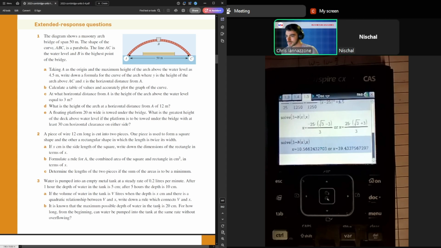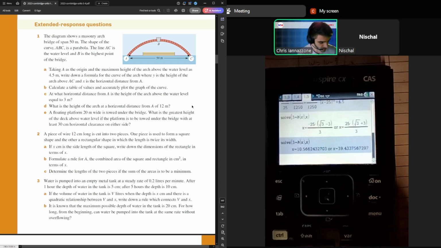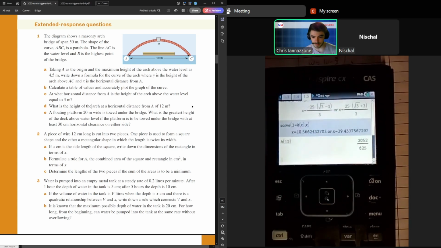Okay, that's that. And then D is just the inverse of C. I think it's just asking for 12 meters of x instead of y is 3. Yes, correct. So nice and easy on the CAS. It's literally just you plug in h to 12 and you get that fraction, or control enter and you get a decimal.